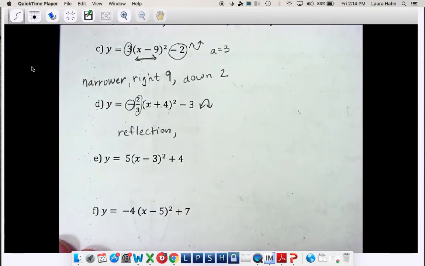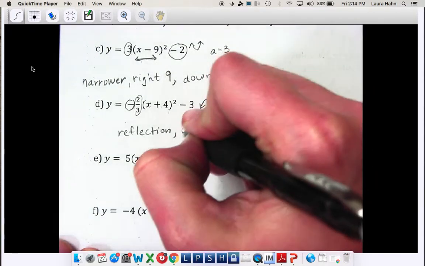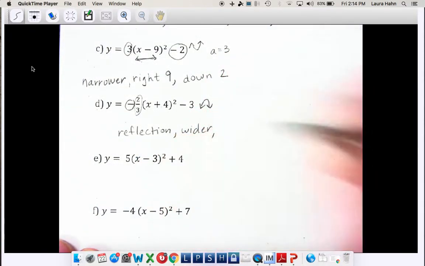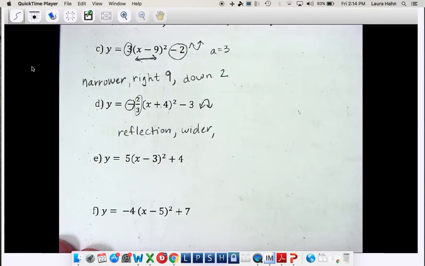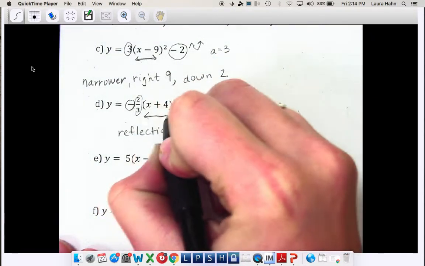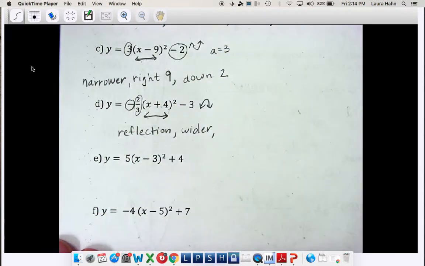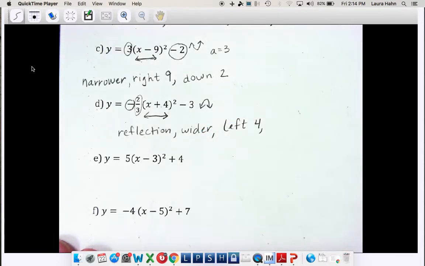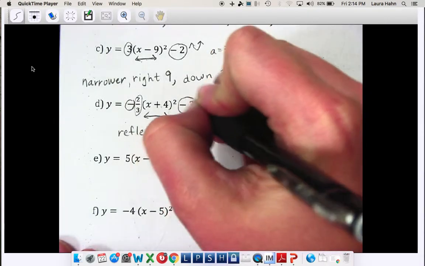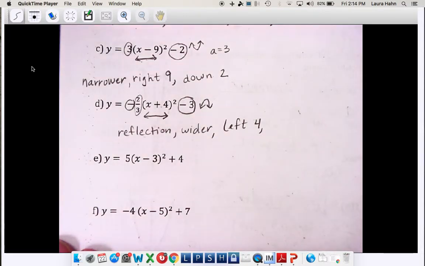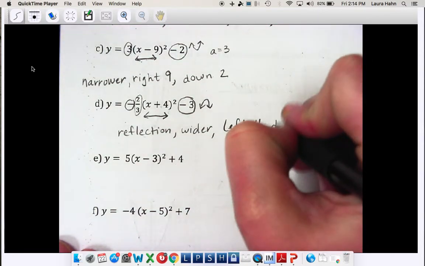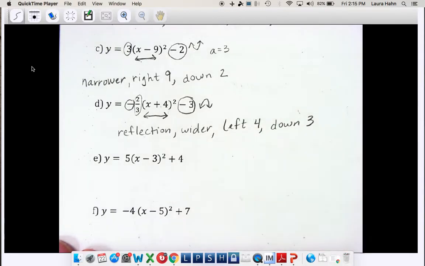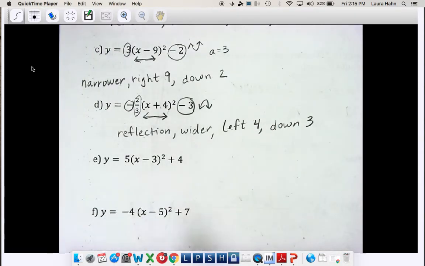That's smaller, so the smaller your A value, the wider, the fatter your parabola will be. Next, something is happening to the x. Remember, x's are liars, so it's the opposite of what you think. So when we add to the x, I know it's moving it left. And then finally, this last piece affects the y, up and down. Since it's a minus 3, I know it's going to move it down 3. Okay, you try E, F, and G on your own.